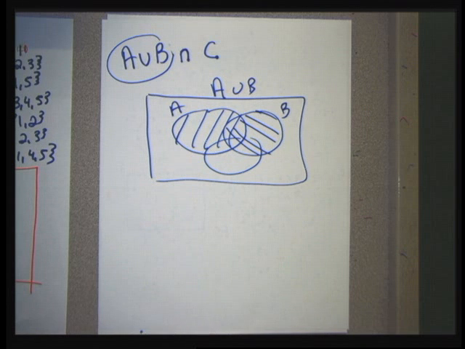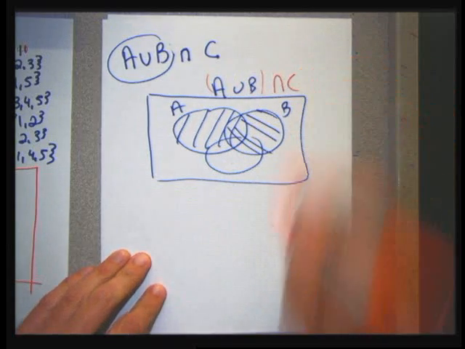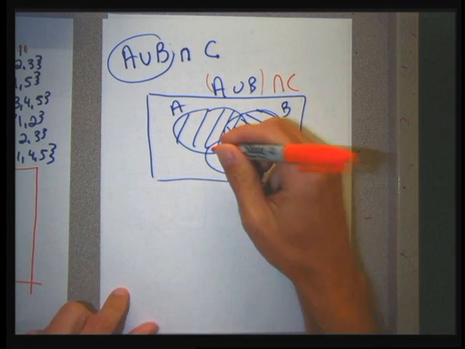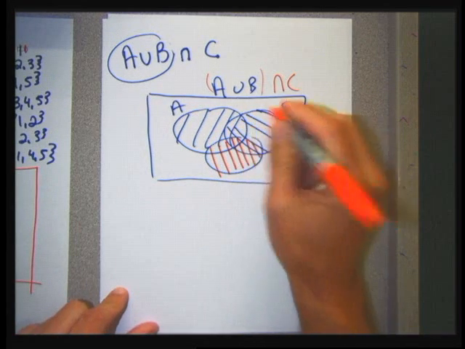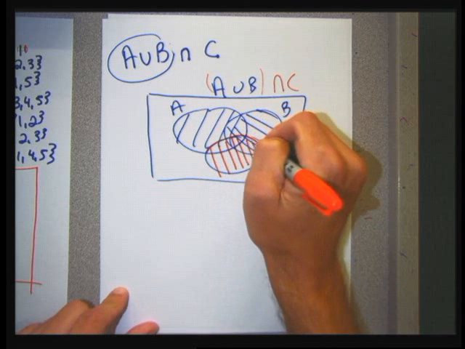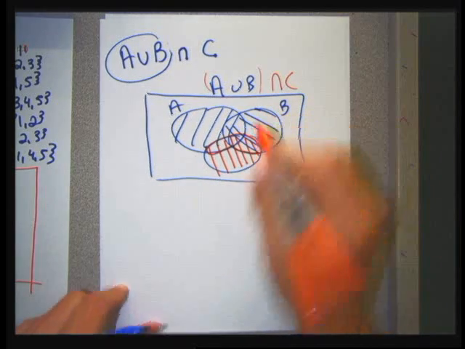When I intersect with C, I need to find out what this region right here has in common with C. So how this graph and the C graph overlaps. C is this region right here. And where the A union B intersects or overlaps with the C is this region right here.